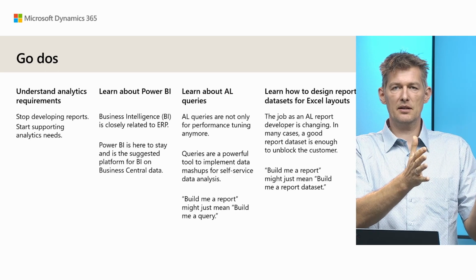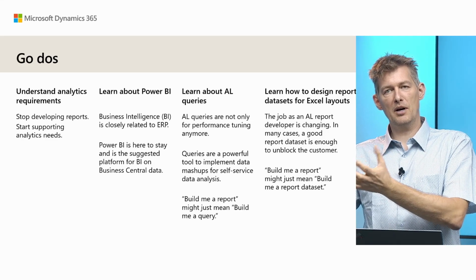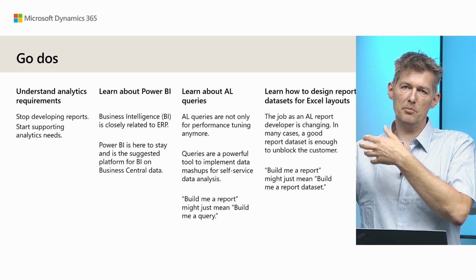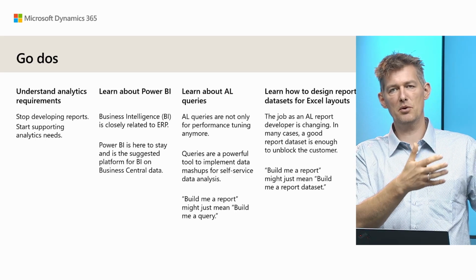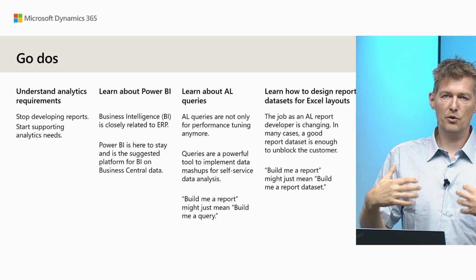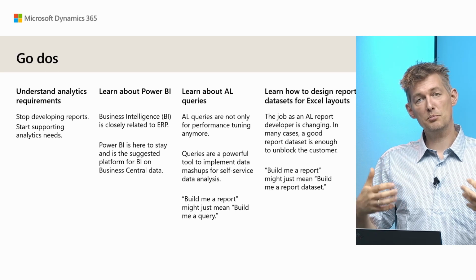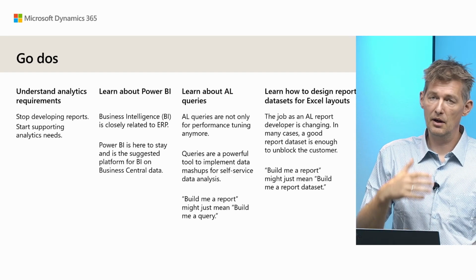Business intelligence and ERP go together. ERP is about processing, supporting business processes. Business intelligence is about insights on business processes. They go together, and Power BI is a really good tool to do that, especially on the top level of the organizational hierarchy.